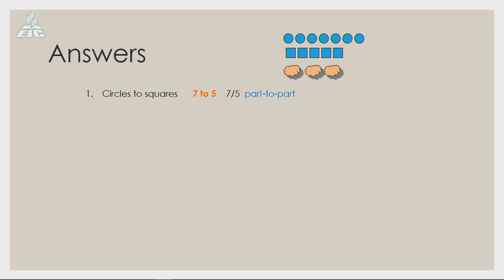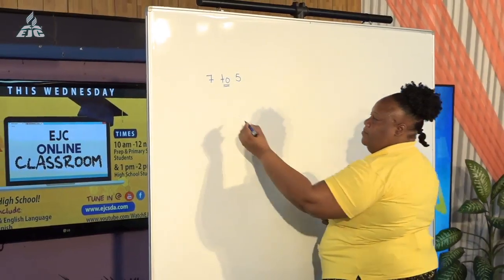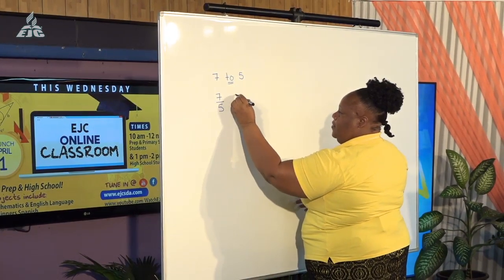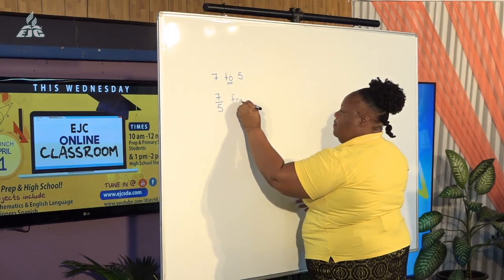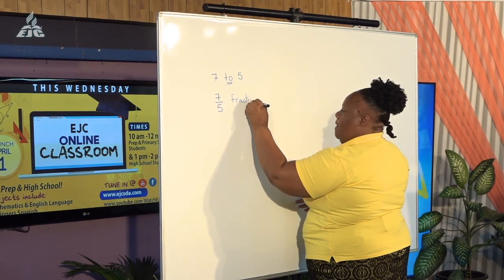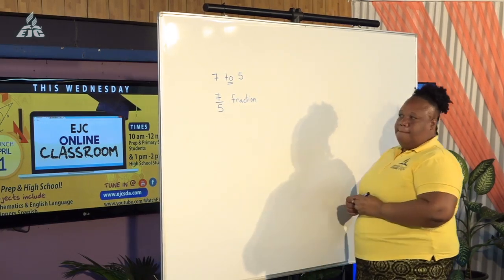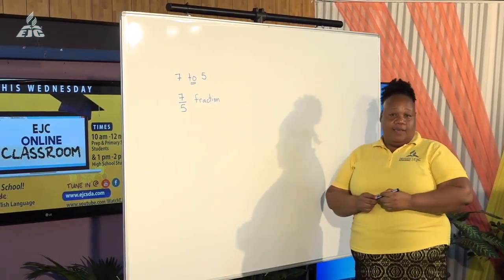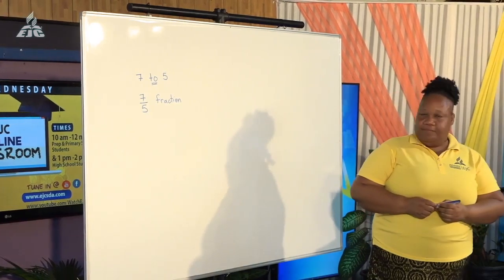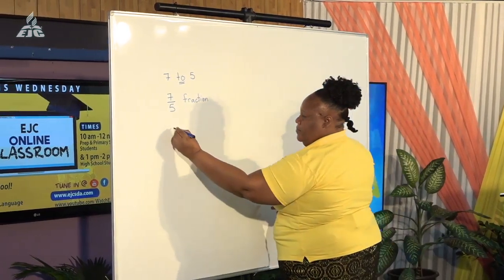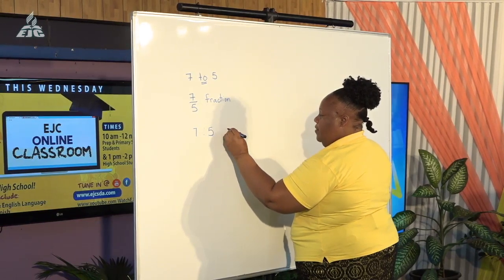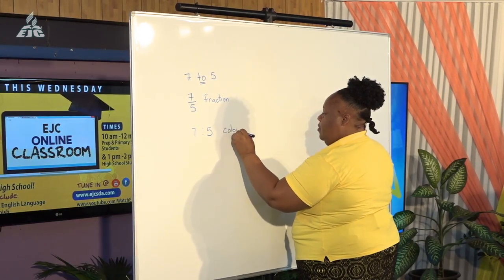Can we write it as a fraction? Yes, 7/5. So this is it as a fraction. Can we write it using the colon? 7:5. And this is it with the colon.